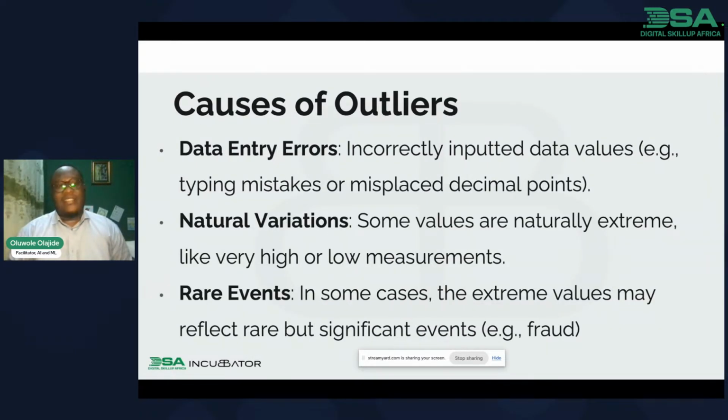What causes outliers? Somebody will have asked the question, how come the outliers? Most of them are human mistakes. The first one is data entry error. Somebody wants to write 2.00 but writes 200, and he has been doing 1.4, 2.1.